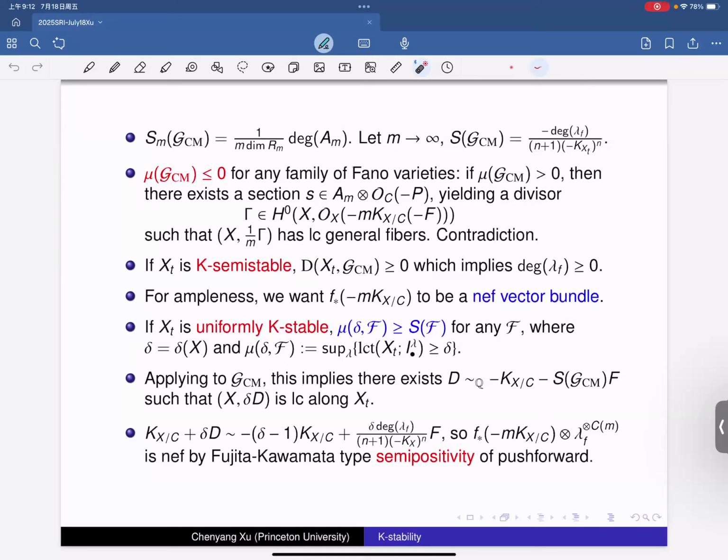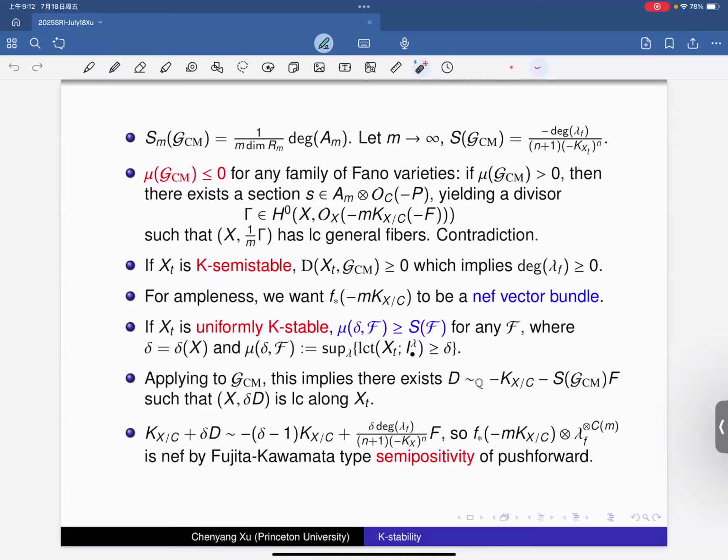By, for instance, this kind of standard positivity, we know that K_X plus 1 over m Gamma has to be positive. But on the other hand, it's a pullback of a negative divisor, which is negative. That's a contradiction. So this holds for any family of Fano varieties: mu is always non-positive.